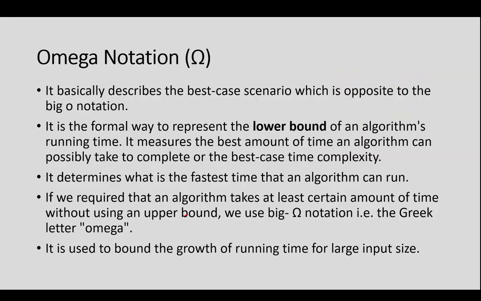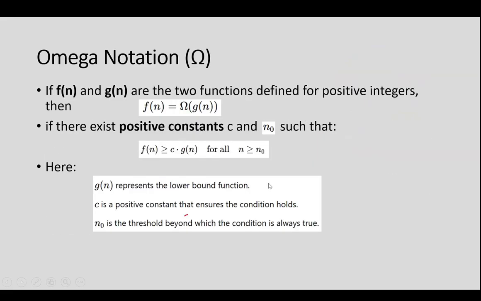We will see some of its equations. We have the same equation we saw earlier: if two functions f of n and g of n are defined for the positive integers, then f of n is equal to omega of g of n.